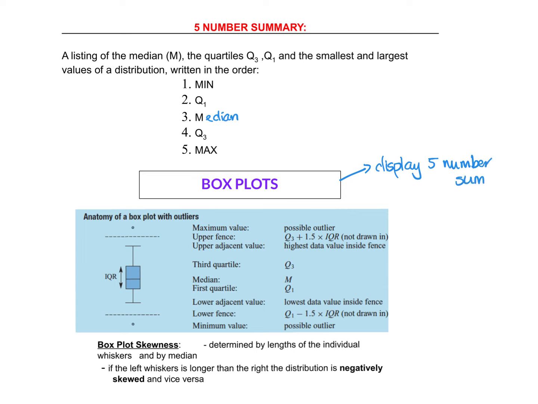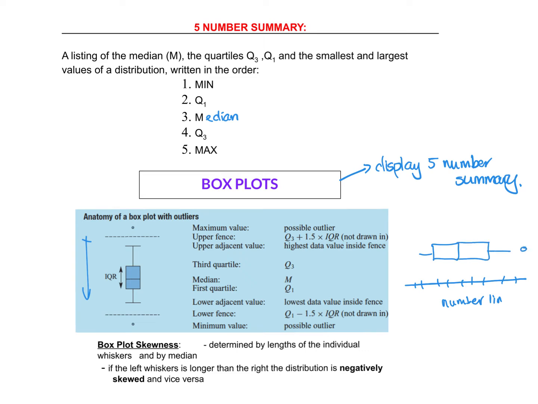Okay, so here is an example of a box plot. They've got theirs drawn this way. We usually have them along this way, where we have a number line, and then you have something like this, a box plot, okay?